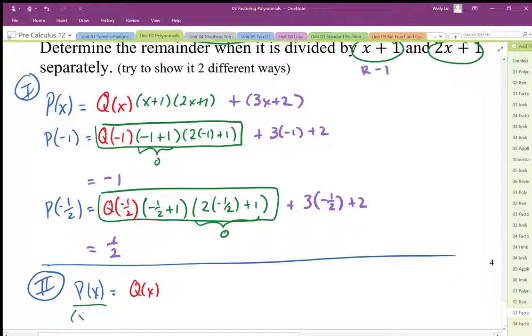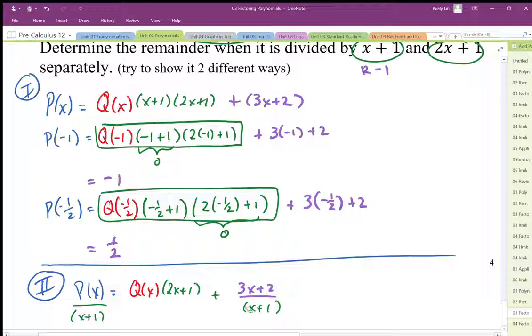Dividing by x plus 1 just cancels the x plus 1 out, so I'm left with 2x plus 1, plus 3x plus 2 divided by x plus 1. Well, this doesn't create a remainder term because when I divide I get this whole piece.